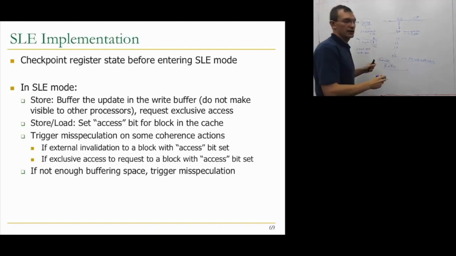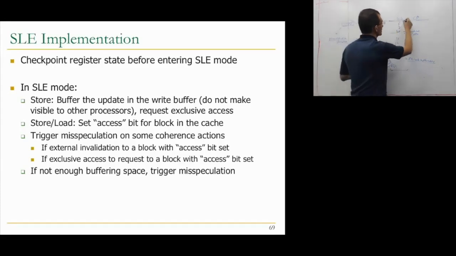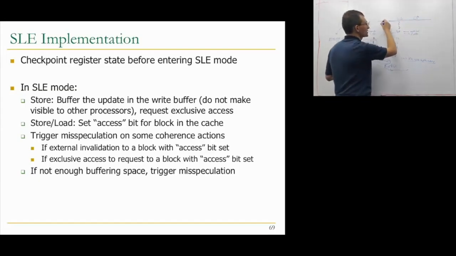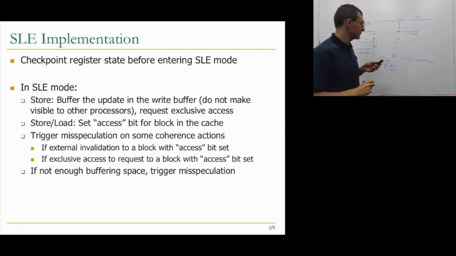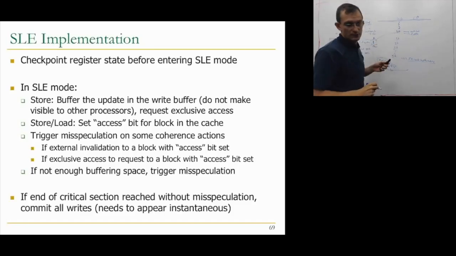Similarly, whenever misspeculation is triggered because of an invalidation or an exclusive request received to a cache block that has the access bit set, the processor goes back to the checkpoint it has taken at the beginning of the critical section, at the beginning of the SLE mode. Okay?